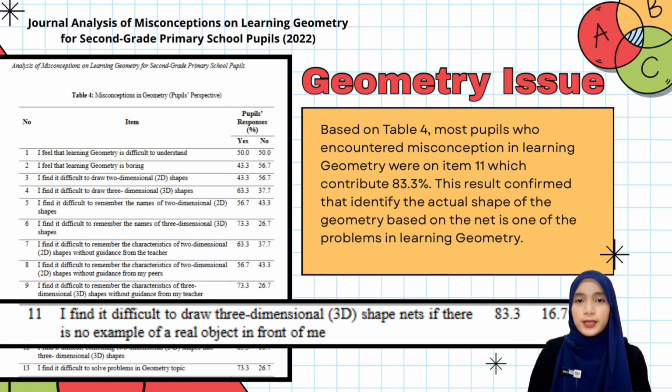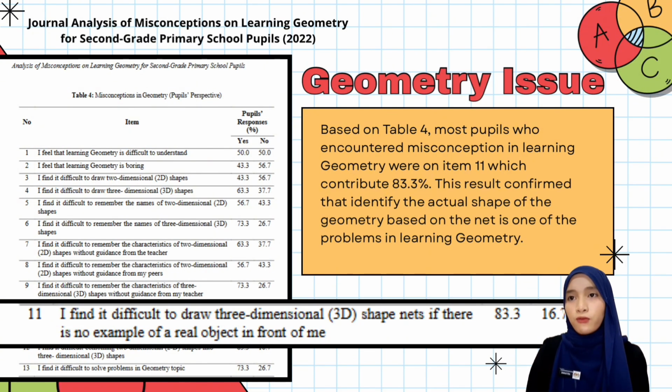Now I will present the last issue, which is related to geometry also under KSSR. Based on a journal titled Analysis of Misconception on Learning Geometry for Second Grade Primary School Pupils, the findings show that 83.3% of pupils struggle with drawing three-dimensional shape nets if they don't have a real object in front of them.